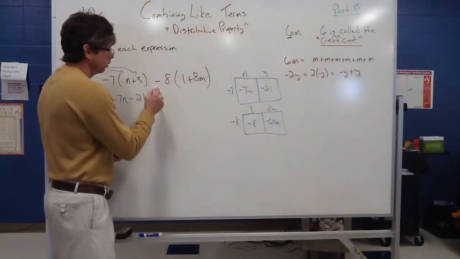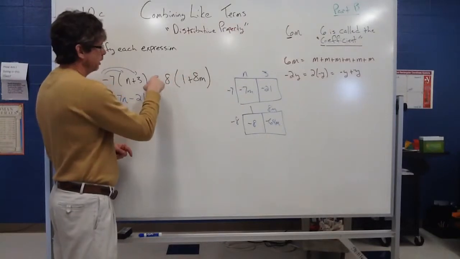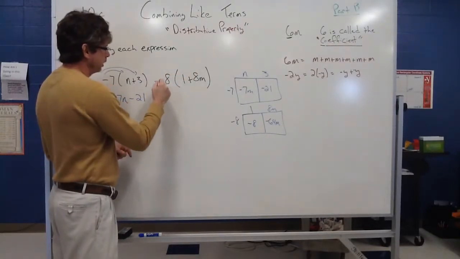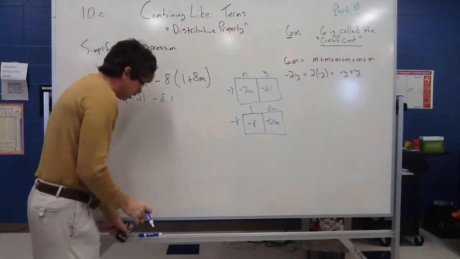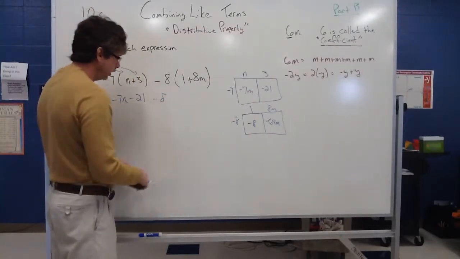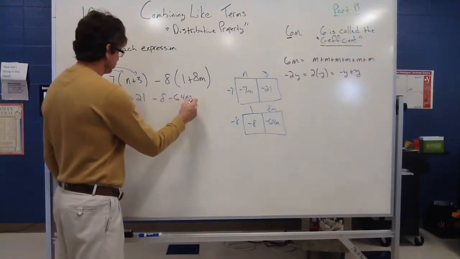So again, when I distribute, it's a good idea to bring the negative through there with you. So negative times a positive is going to be a -8, and -8 times a +8 is going to be, oops, actually a -64n. So I'll put a -64n there.